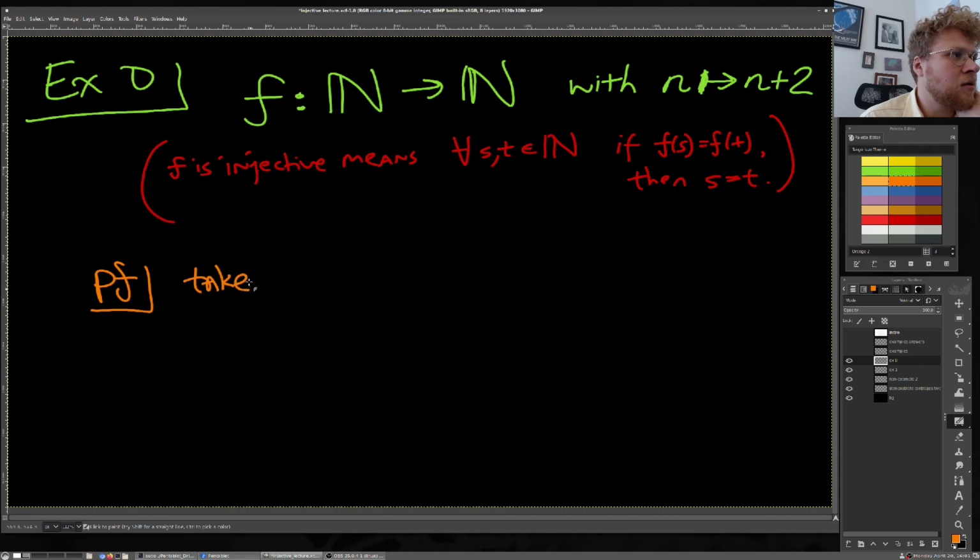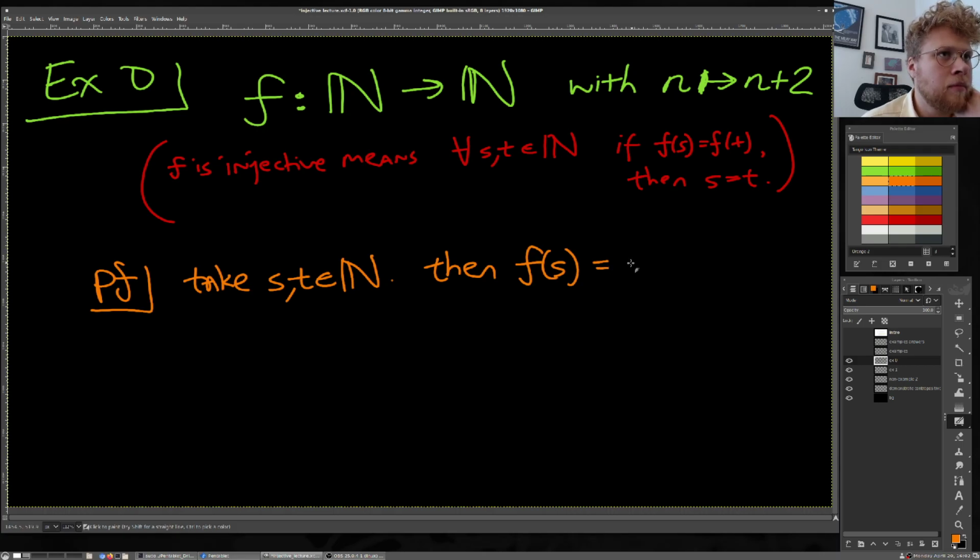So, start out. Take 2 arbitrary elements of the domain, S and T. Then the function tells us what to do with them, what their outputs are going to look like. F of t means take t and add 2.